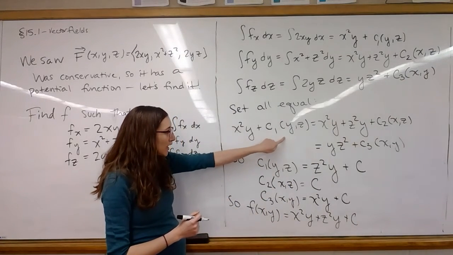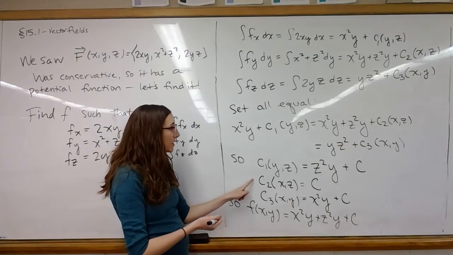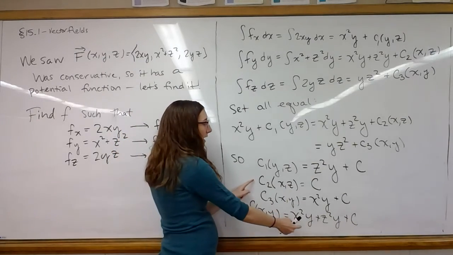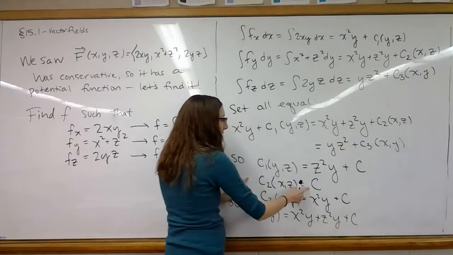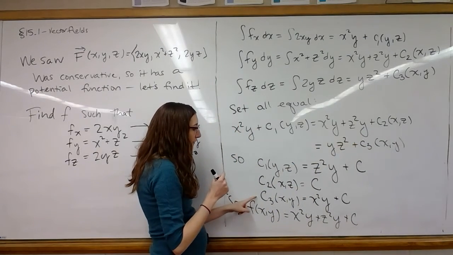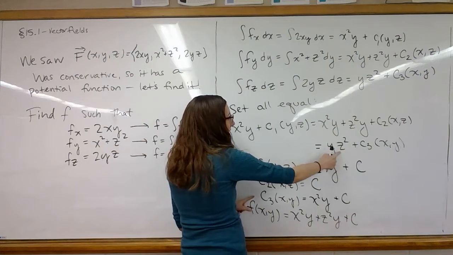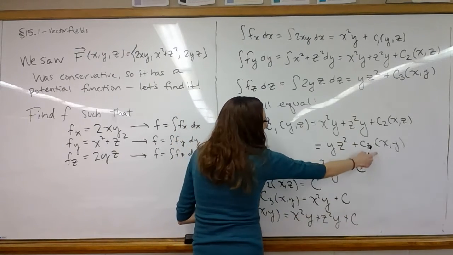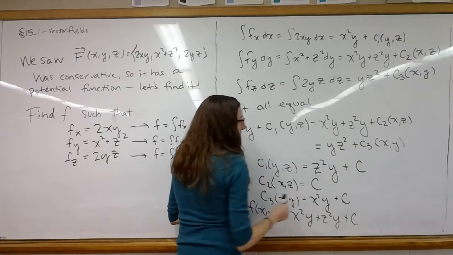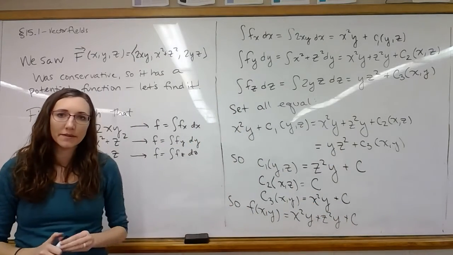Right, we plugged in c1 and that's what we got. Let's double check. If I plug in c2, I again get x squared y plus z squared y plus c, which is good. And if I plug in c3, I get yz squared, which is here, plus x squared y plus c. So all of them then give the same function.